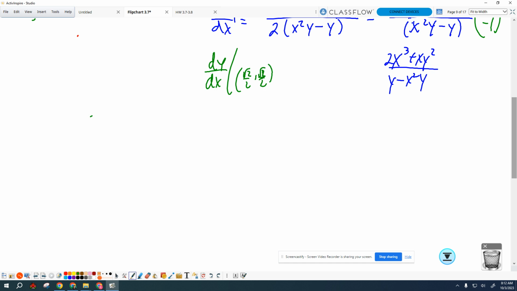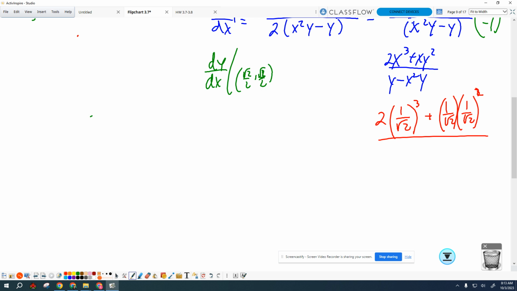Anton, how did you get your answer? Well, I plugged in the root 2's into everything. So 2 times root 2 over 2 cubed is just 2 times 2 root 2 over 8. Okay. So I cheated. The x and the y are exactly the same value.